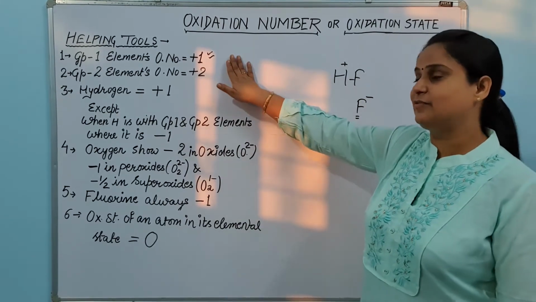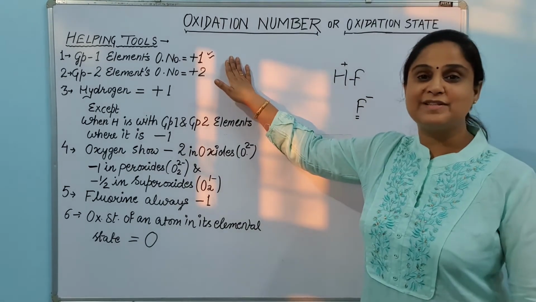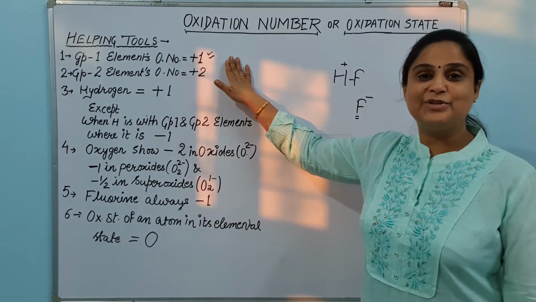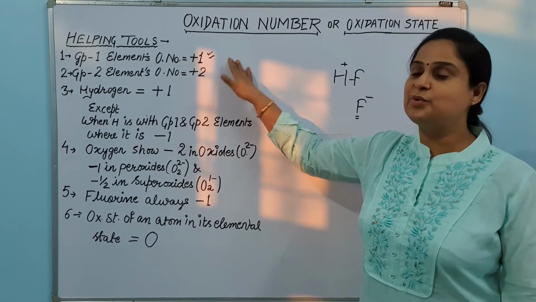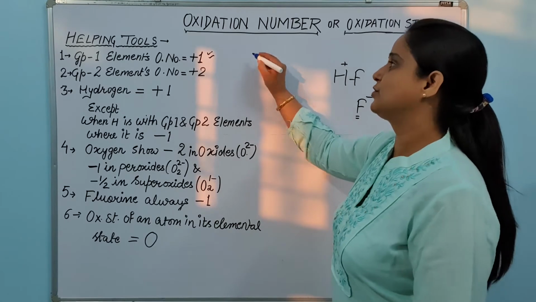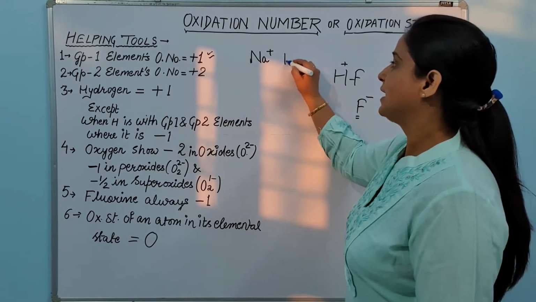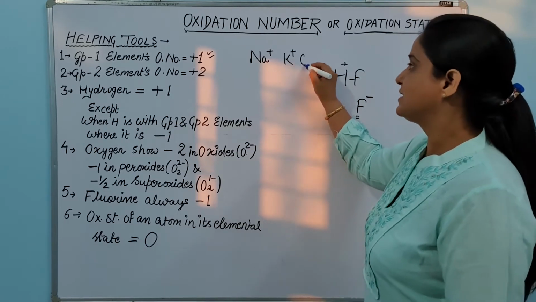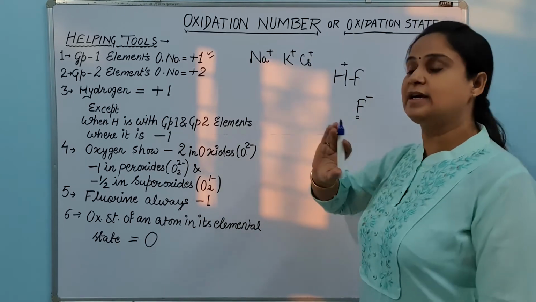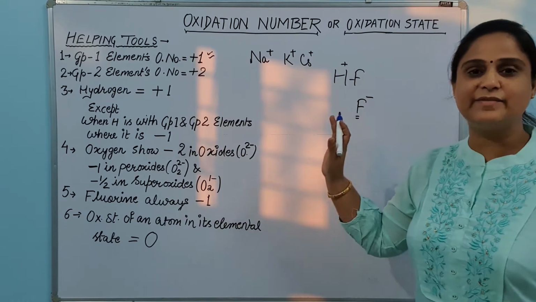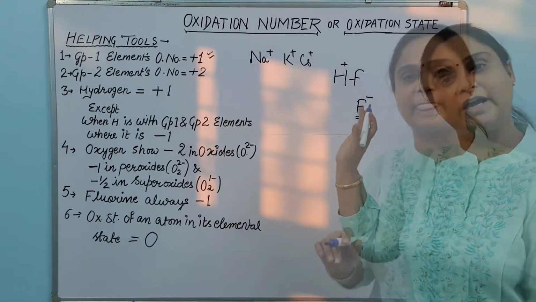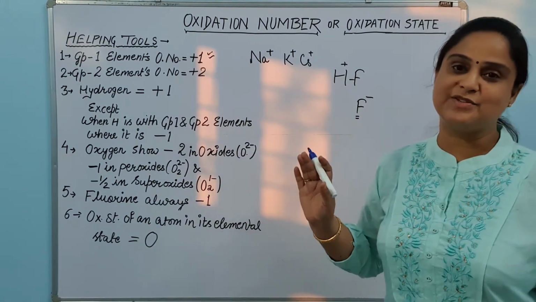But first group elements will never do this with you. They will never betray you. They will always show +1 oxidation state. So remember the first group elements like sodium, potassium, cesium will never show any other oxidation state. They will always lose their one electron, and you will always find +1 charge on them.